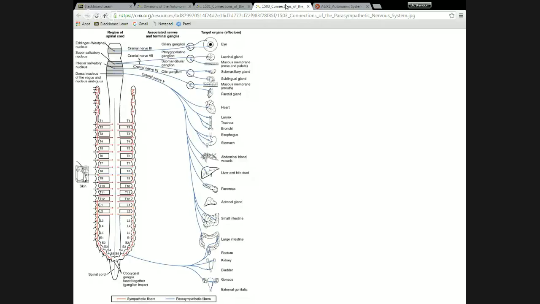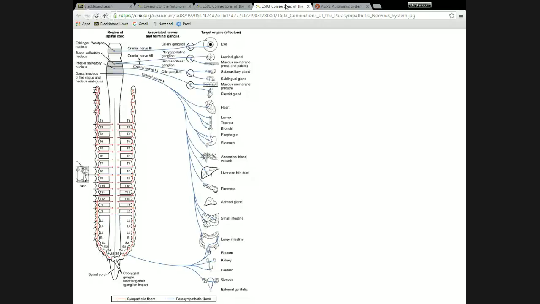So the lines that we see drawn in here are solid, and they are the preganglionic fibers coming from the brainstem or the sacral spinal cord. Where you actually can see the postganglionic fibers, those are supposed to be dotted lines like in the other picture, but they didn't do it here. But really that would only be these that you can really see that well.